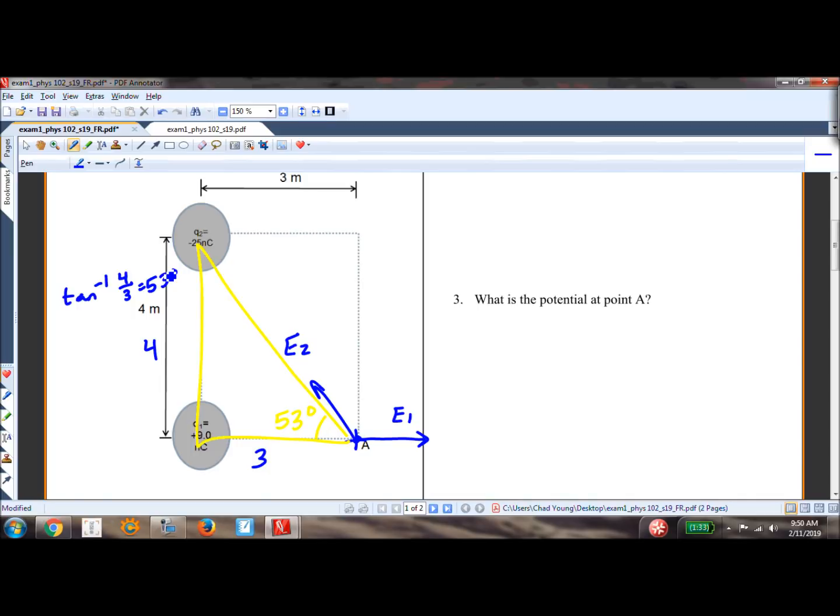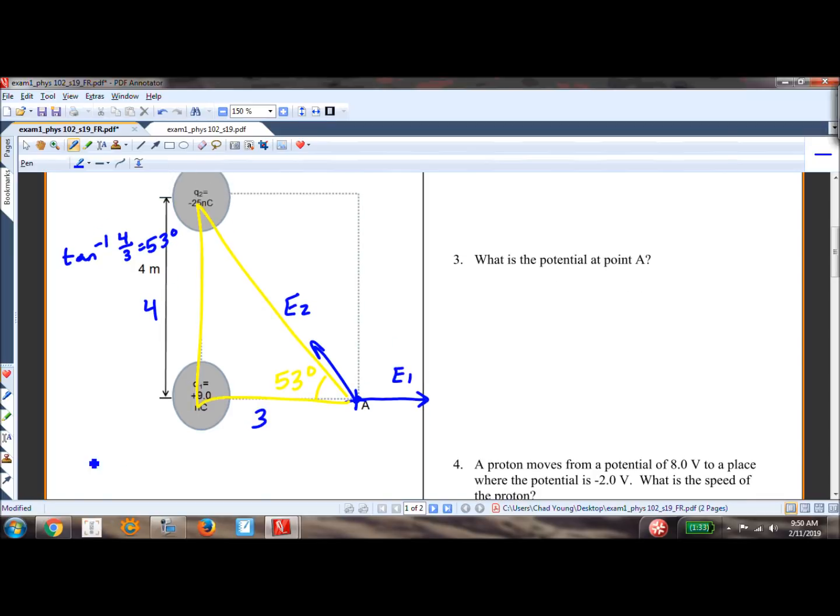Then I also need to figure out what E1 and E2 are. Well, E1 is going to be kQ1 over r squared. And look, I made the numbers really easy: 9 times 10 to the 9th, Q1 was 9 times 10 to the minus 9 coulombs, divided by this distance squared, so 3 squared. It all cancels and just leaves 9 newtons per coulomb.